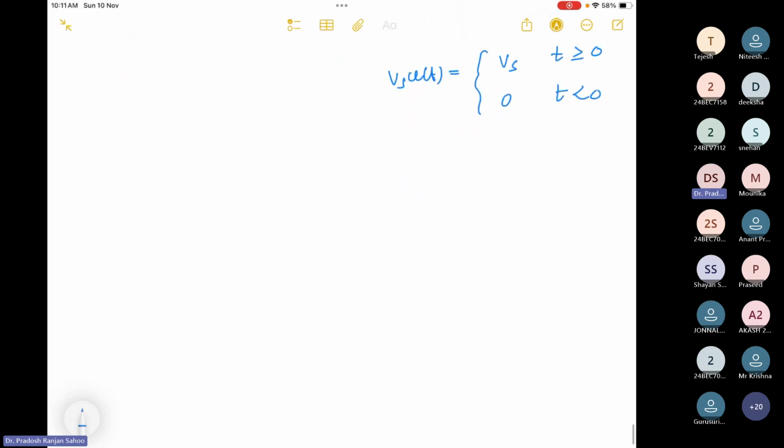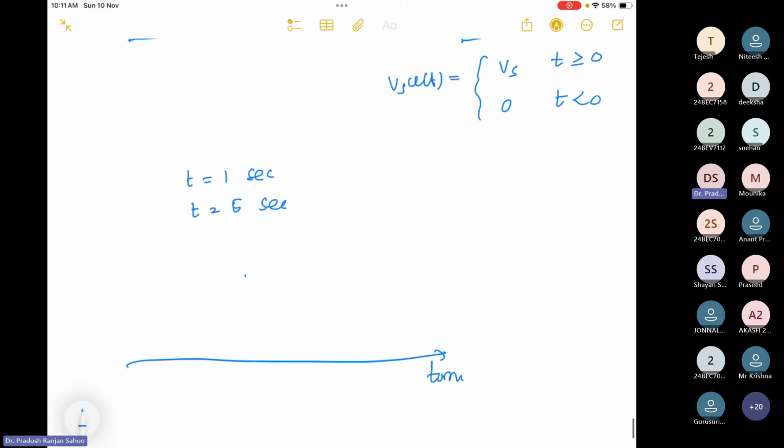Now another question: what if I want to switch the circuit at t equal to 1 second, or at t equal to 5 seconds? Suppose this is your time axis, this is t equal to 0, and I don't want to switch on the circuit at t equal to 0. Instead, I want to switch it on at t equal to 5.